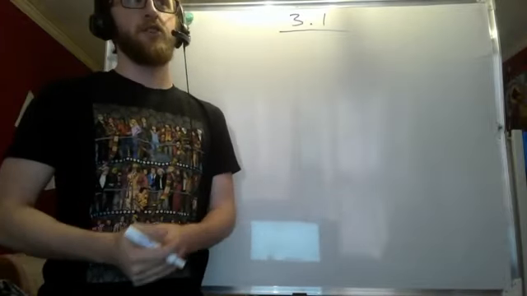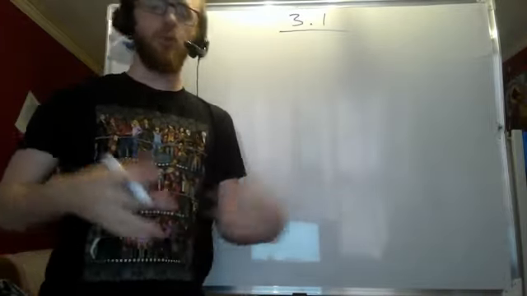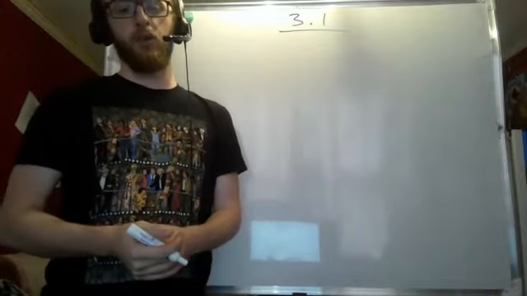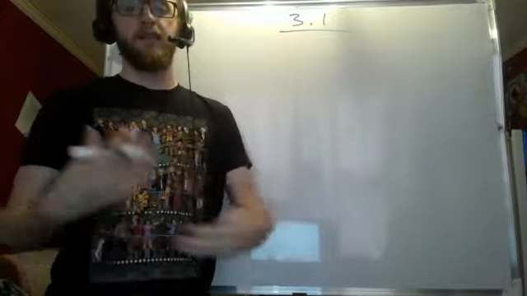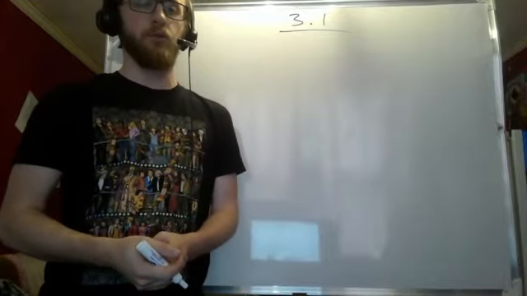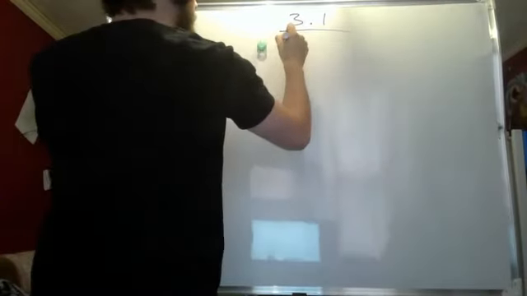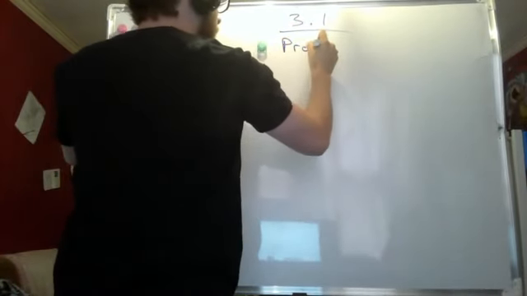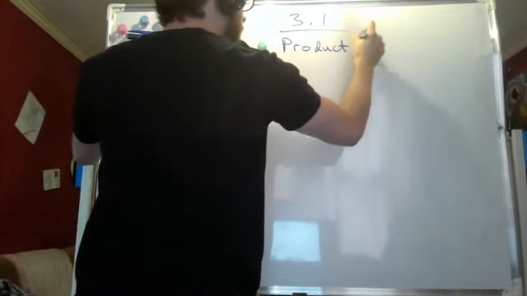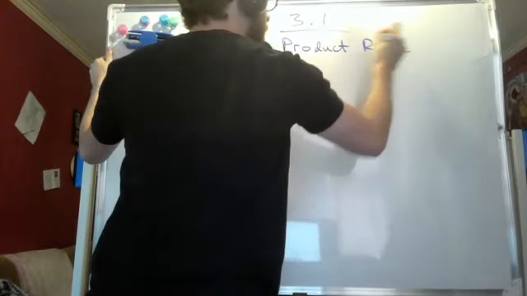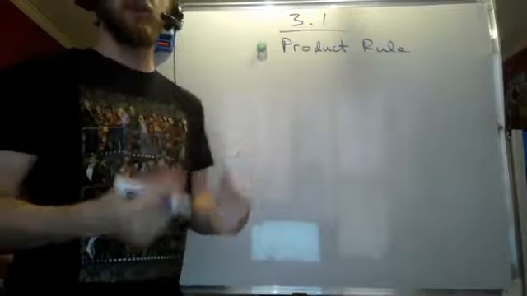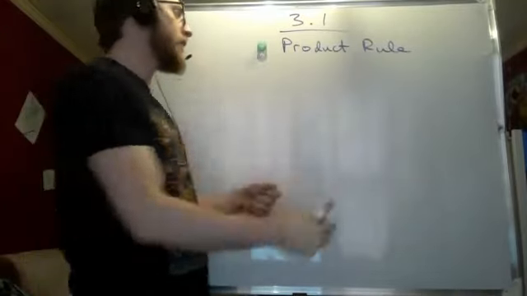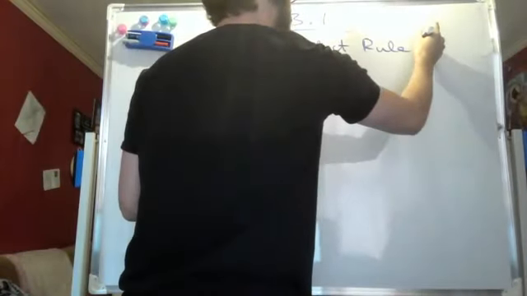But if by chance you're curious about why this is true, where this came from, how we know this works, then I'm going to show you that today during the video as I present these rules. First up, we're going to talk about the product rule. And at the end, we'll do a few examples, just so that you can see how this works in practice. So, what is the product rule?